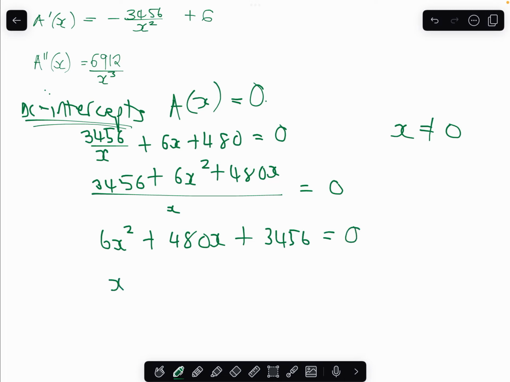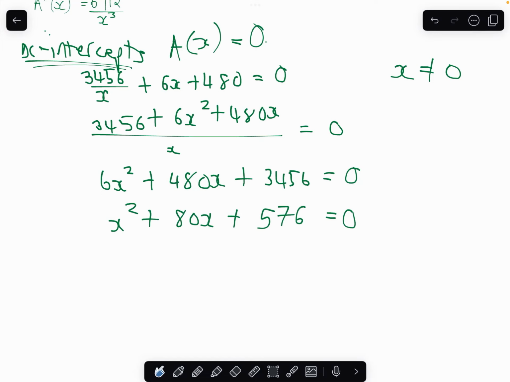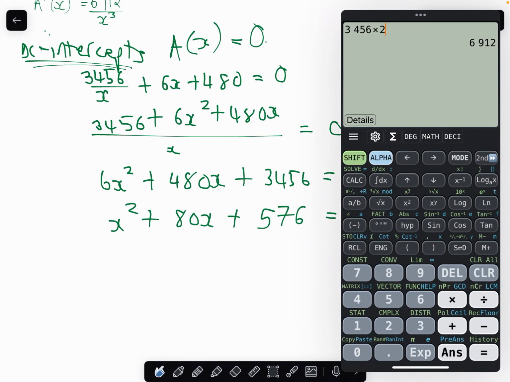Of course we could just put this into our quadratic formula, but where's the fun in that? So 6 goes in. I feel like we've already worked this out. I think it's 5, 7, 6, right? I do kind of know what the answer ends up being, but anyway, let's just put it into our quadratic formula.